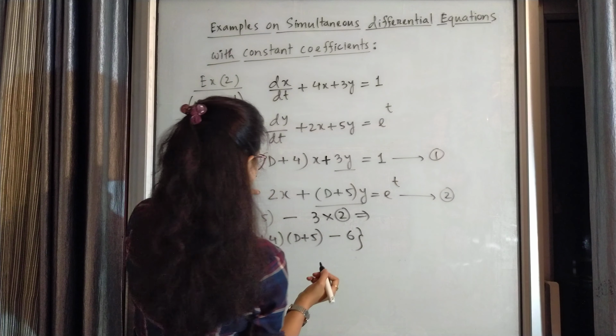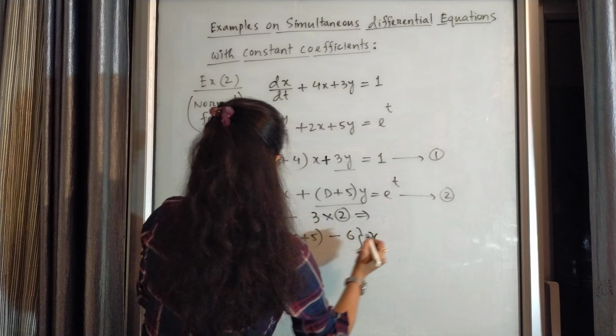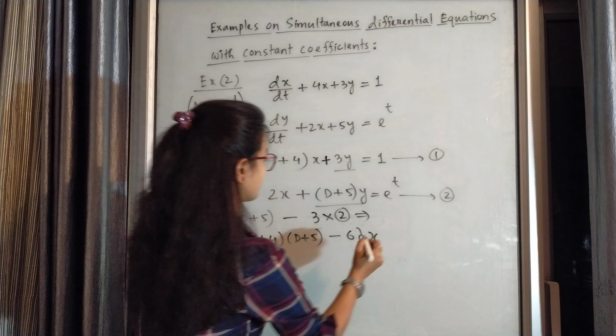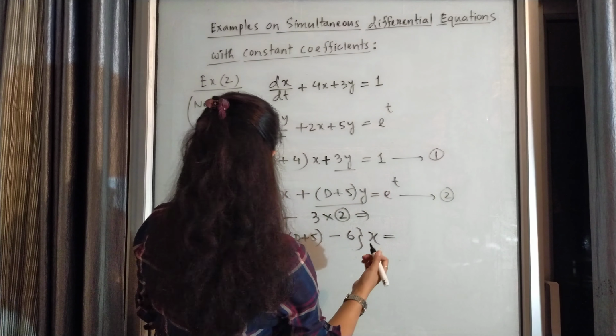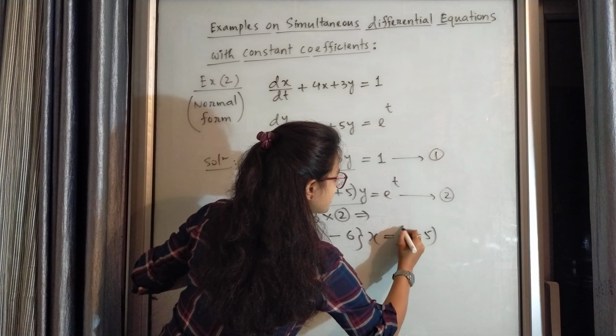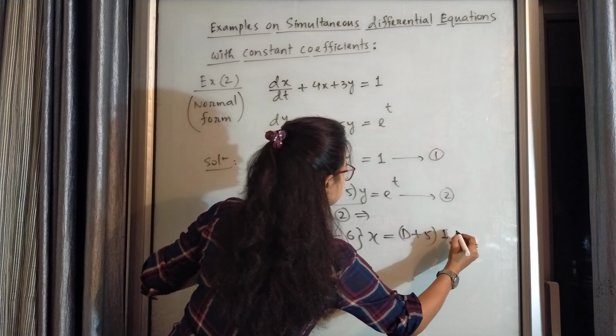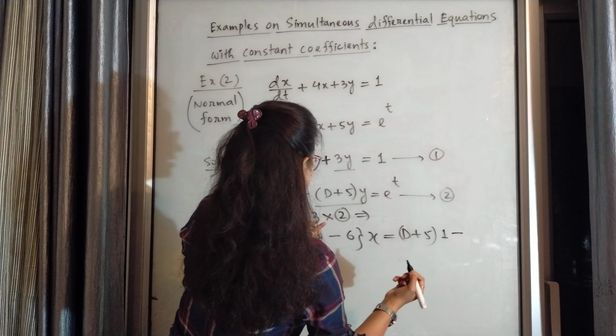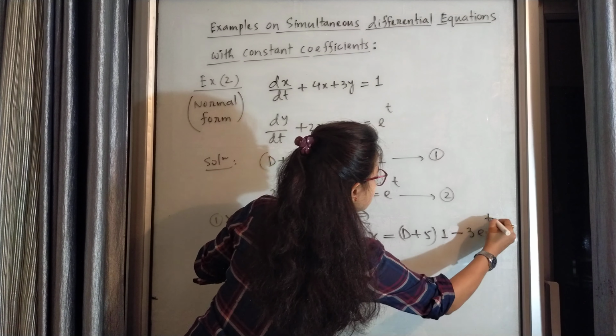Let's give curly bracket over x. And the right side will be, as we are multiplying by the operator D plus 5, (D plus 5) over 1 minus 3 e to the power t.